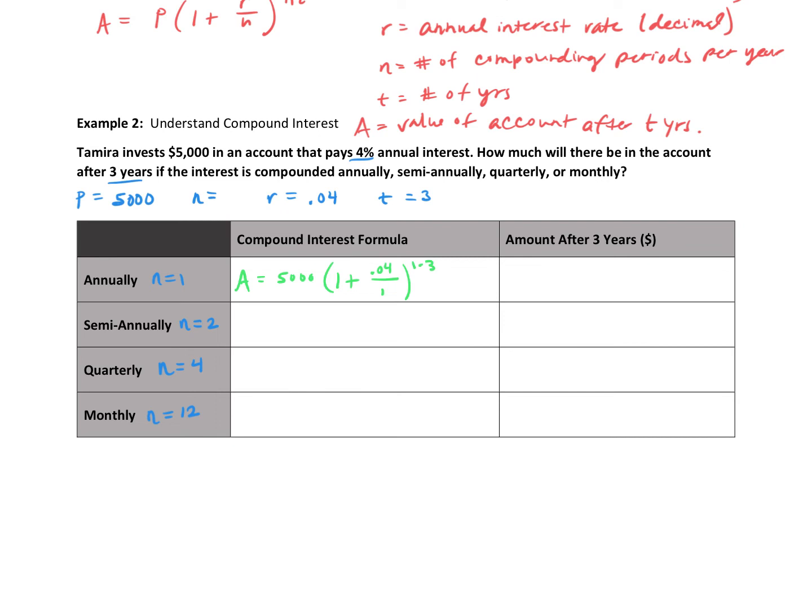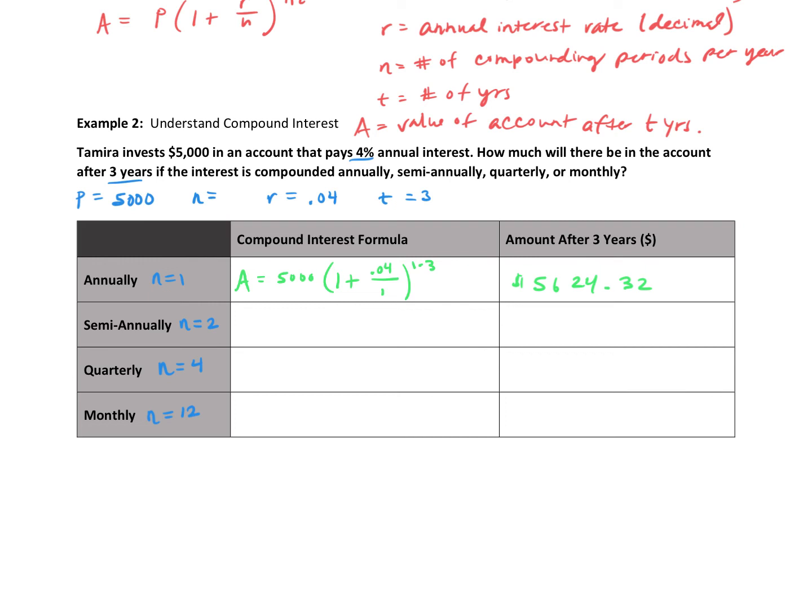So what I want you to do is grab your calculator and try this out, see if you get this answer, $5,624.32. If you're not able to get that answer with your calculator, then you need to figure out how to type this into your calculator. I want you to check your calculator skills. Can you type this in okay?